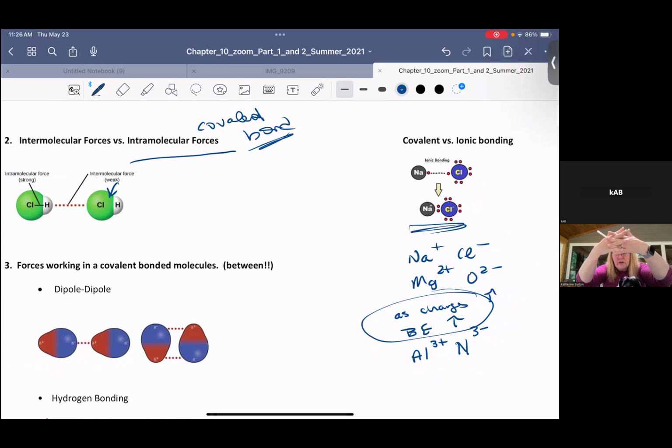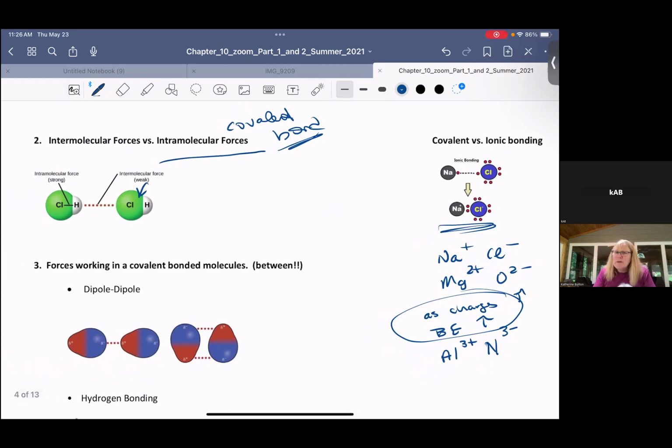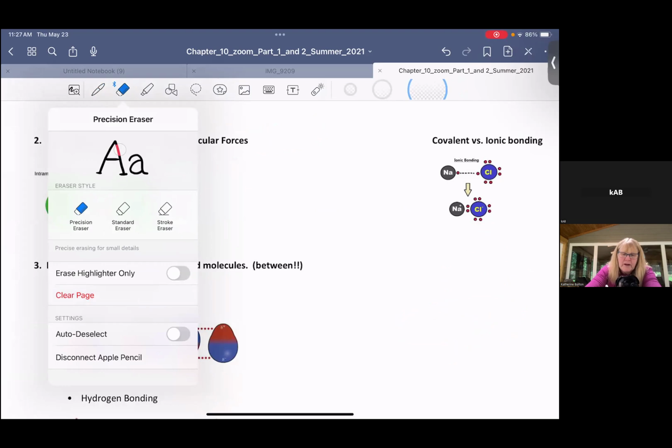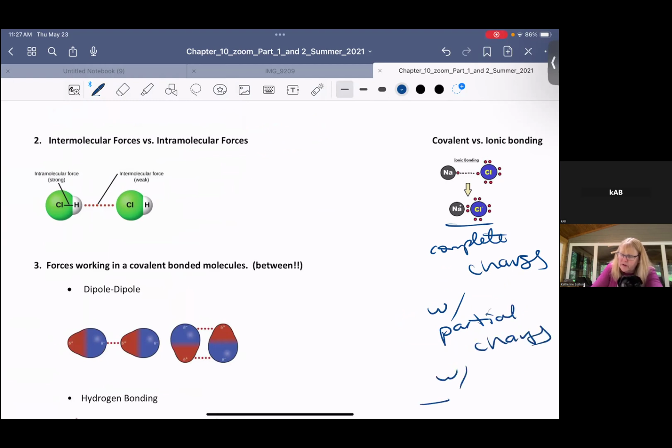Now, that's just two of these things sticking together. Ionic bonding can be included in intra and intermolecular, and I know that's a bit sketchy. In fact, it's neither because it's an ion, but it's a good starting point, because we need to compare complete charges with partial charges with temporary charges, because these are our options.